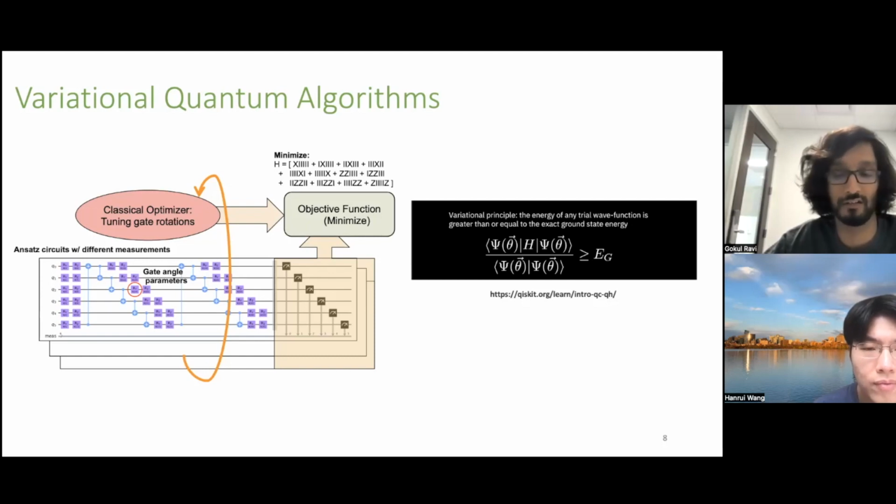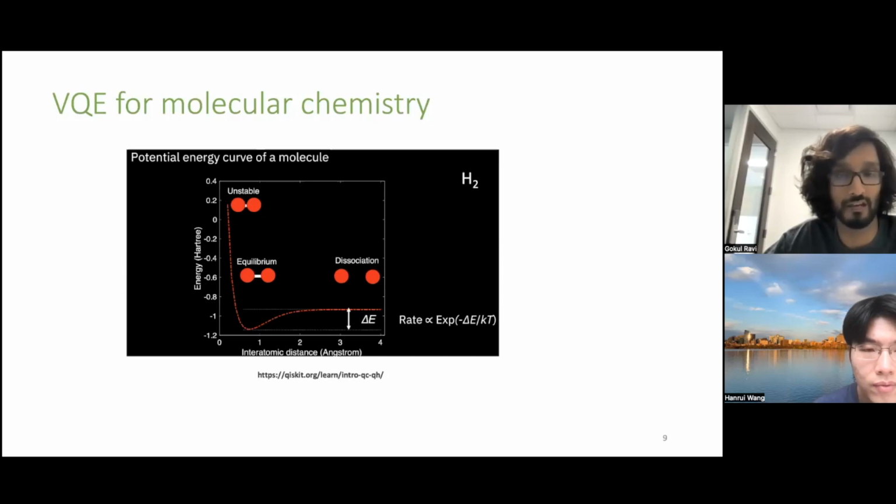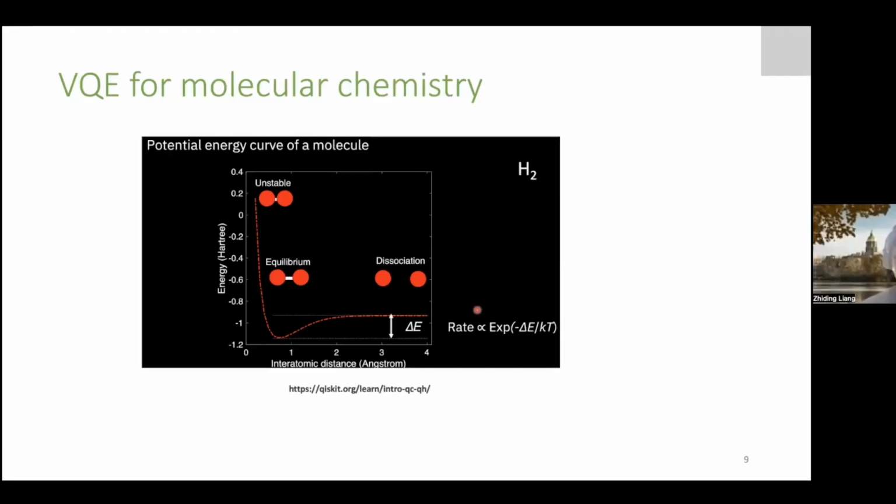As I mentioned, while this has a variety of uses, my focus has mostly been in molecular chemistry. For example, in molecular chemistry, this is used to find what is known as the potential energy of a molecule. And this is the idea of how much energy is required to break a molecule completely into its subatomic components.